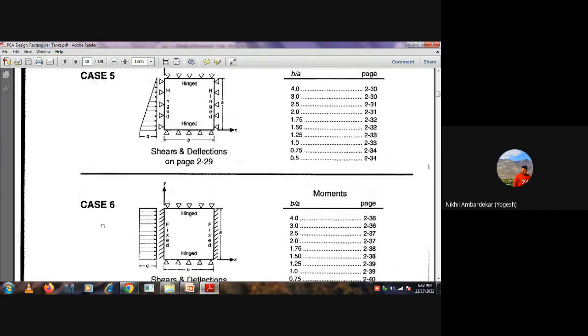Case number 6, what is the difference between 5 and 6? Sir, in 5 it is hinged, and in 6 two sides are fixed and two sides are hinged. Correct, and one more difference is clearly visible. So what will that be?